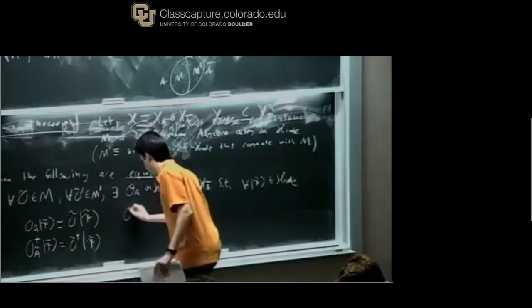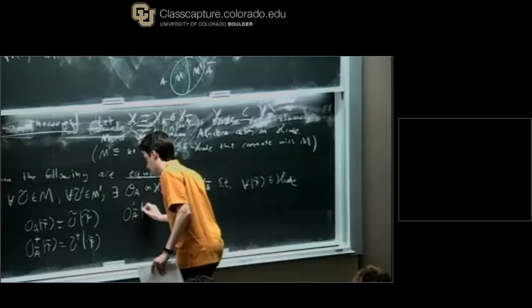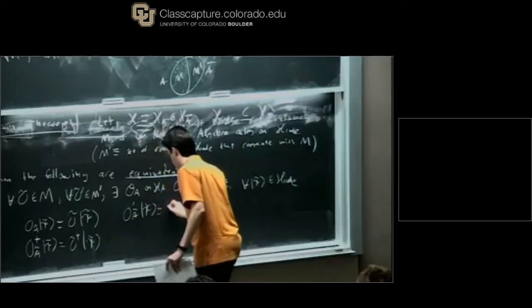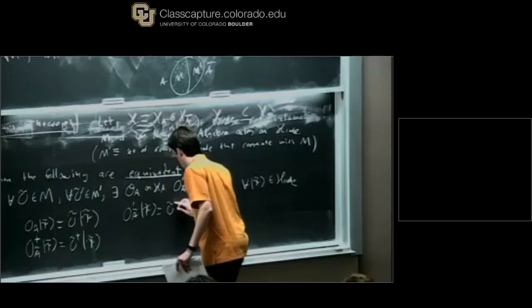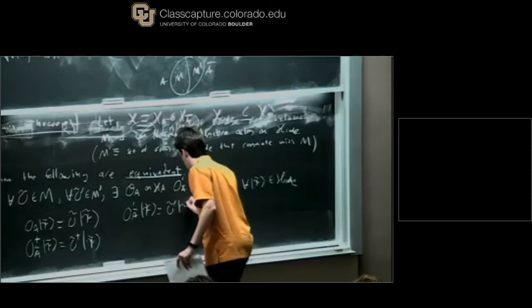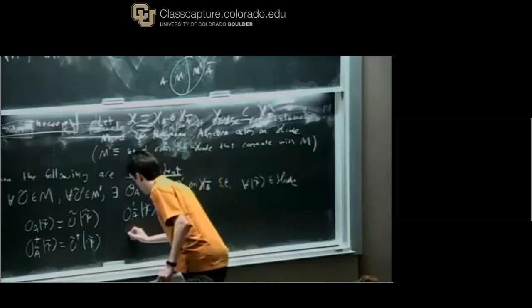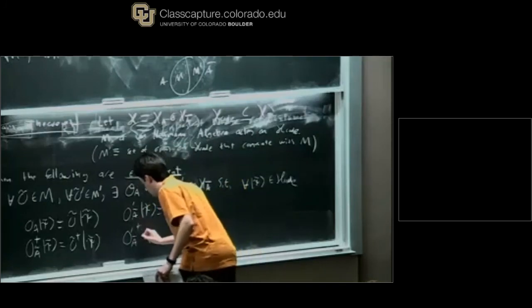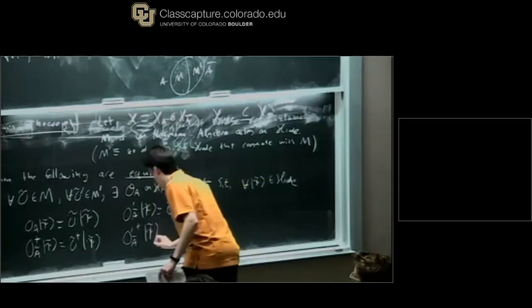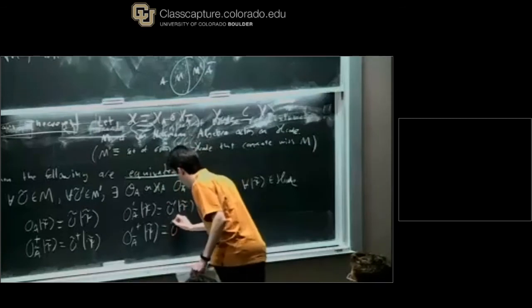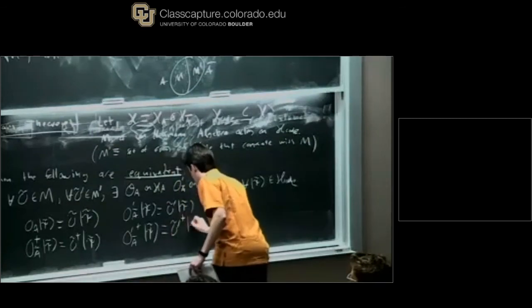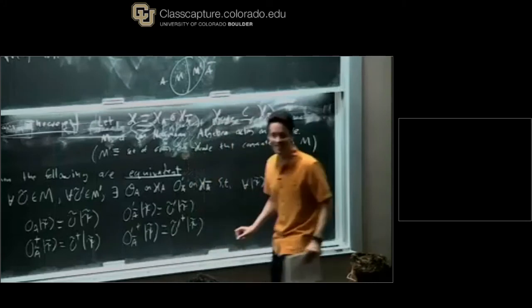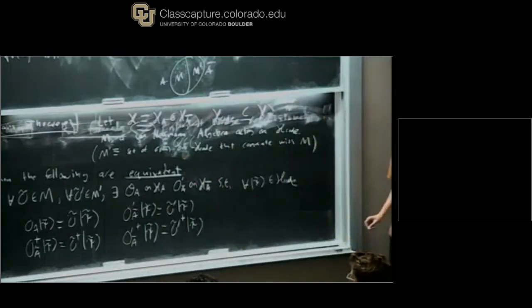And then similarly, if we act with OA bar prime on psi tilde, we get O tilde prime acting on psi tilde. And then, okay, here's where the notation gets really fun. So we have OA bar prime dagger acting on psi tilde is equal to O tilde prime dagger acting on psi tilde. So I'm sorry for the notation. But hopefully it's not too bad.